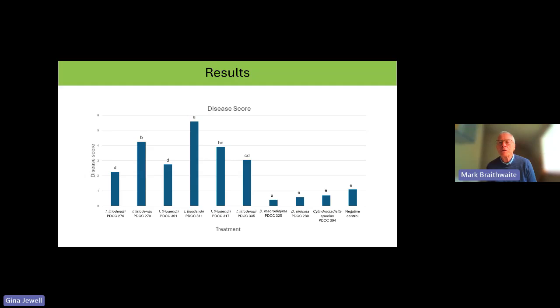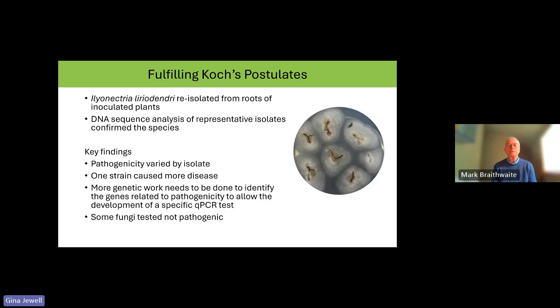The negative control had a slight bit of disease in it, probably because it's hard to get plants that don't have any disease. But I think this definitely proved that isolate 311 was causing quite significant disease. I haven't presented the data here, but it also significantly reduced the root dry weight, and as you could see, the plant height. Next, please.